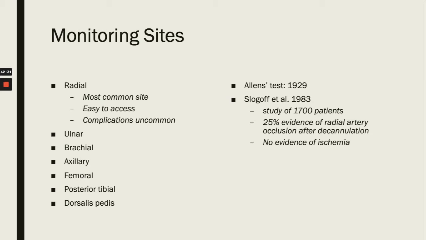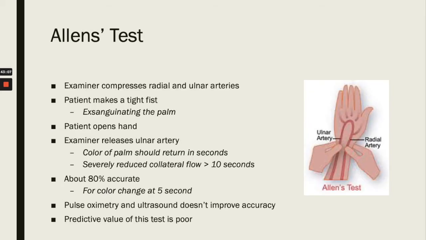So 25% had radial artery occlusion, however, there's no evidence showing ischemia. It doesn't prove that using the radial artery is unsafe. And that's why we still use it, because it is very safe, and the complications are very uncommon with that artery.